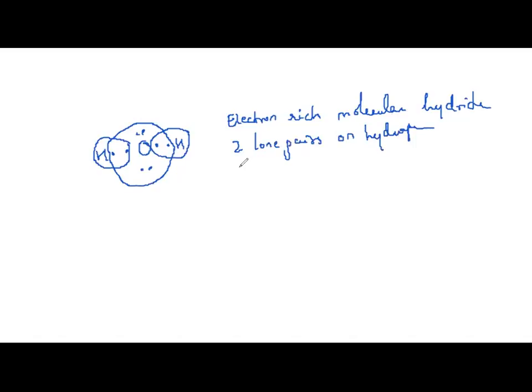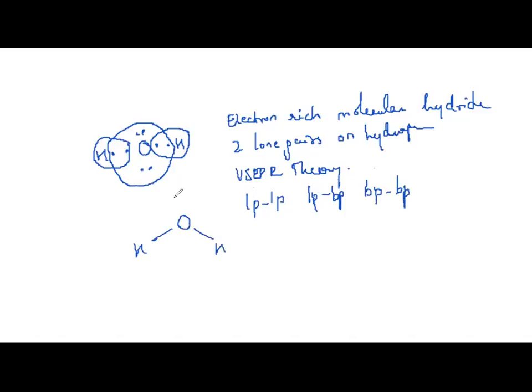According to VSEPR theory, there are lone pair repulsions, lone pair bond pair repulsions, and also bond pair repulsions, because of which the structure becomes a bent structure for water. And there are two lone pairs of electrons.